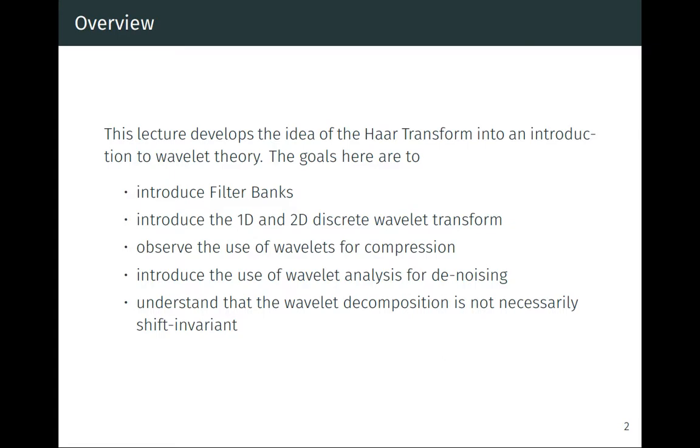All right, so wavelets. There are different ways of looking at wavelets, and the way we're going to look at it in this particular course is through the angle of filter banks. Wavelets had a lot of theory built by a number of Belgian mathematicians in the 1990s, I believe.